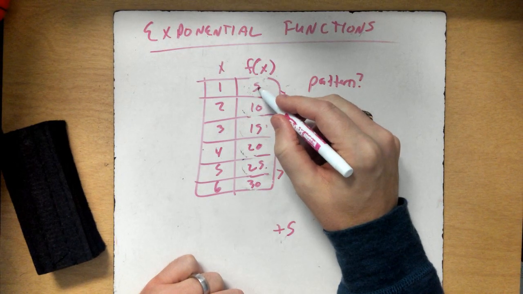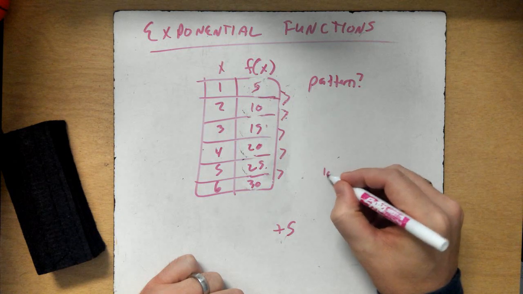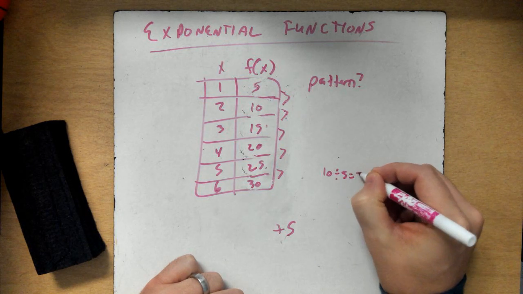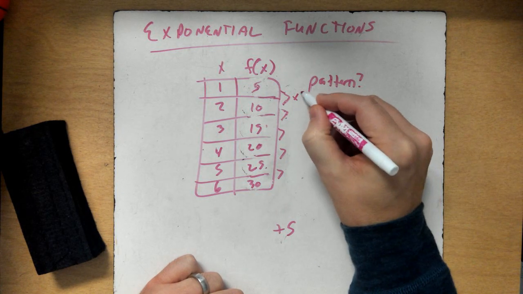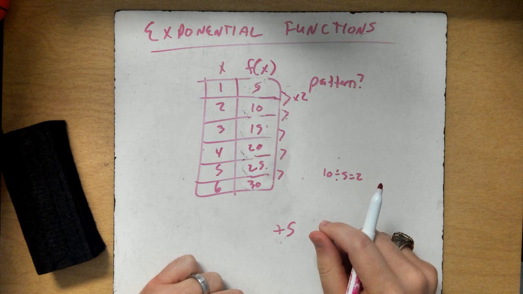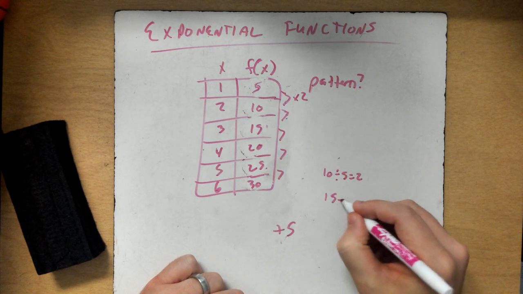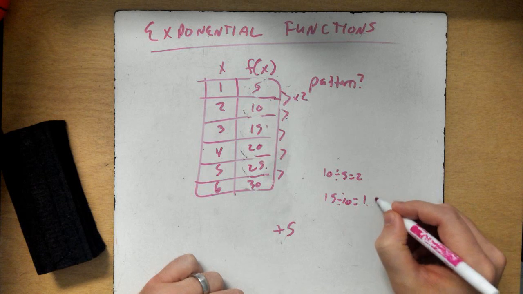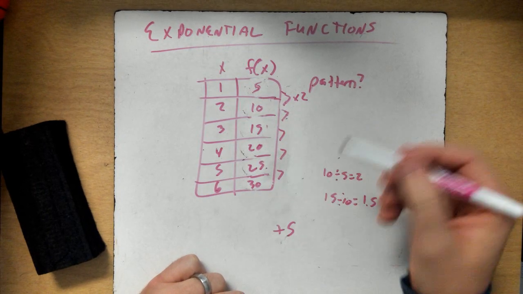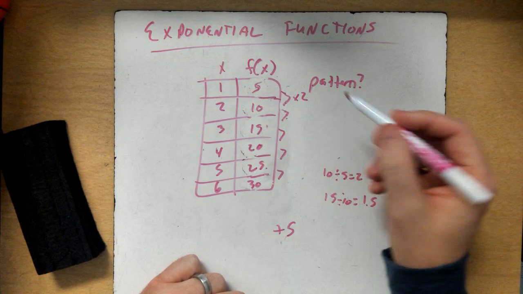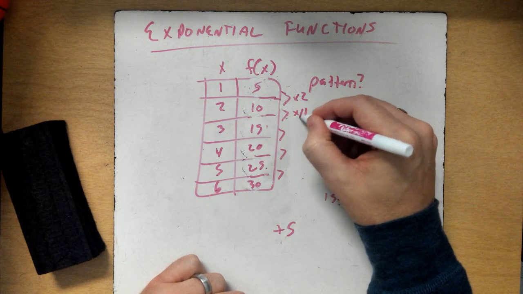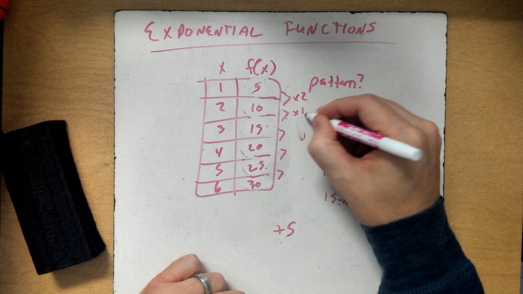So if I do 10 divided by 5, I get 2. So this is a times 2 here. If I do 15 divided by 10, I get 1.5, which is not the same. This needs to be the same number. So this is a times 2, then times 1.5.